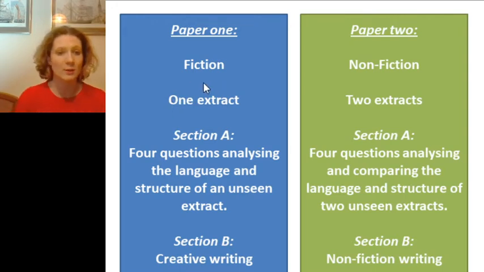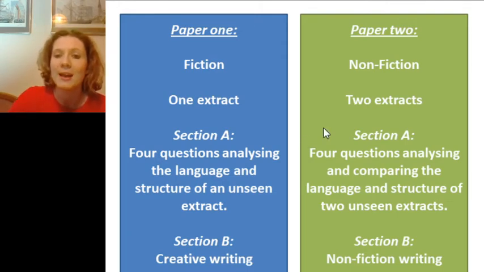Your teachers don't know what it is, none of us have a clue. It's split into 2 sections. Section A gives you 4 questions, which ask you to analyse the language and the structure of this extract. Section B is creative writing, so you either write a story or a description of a picture.